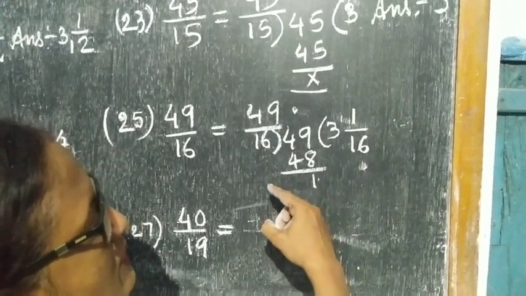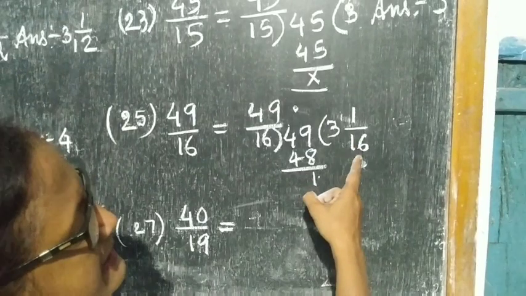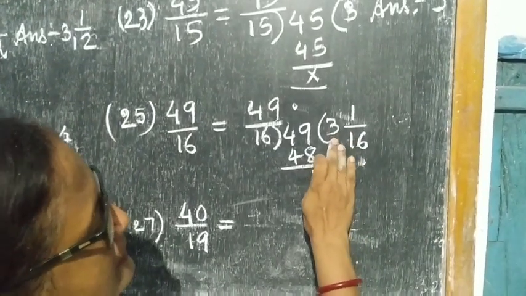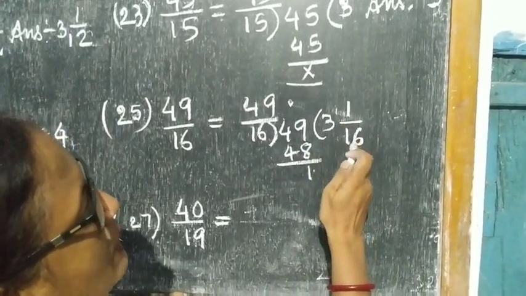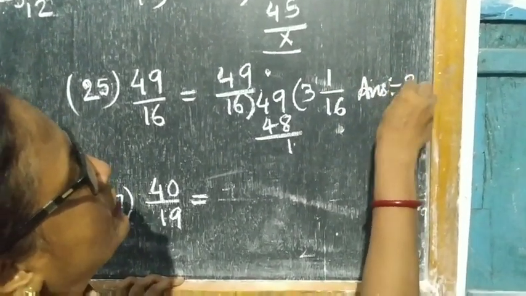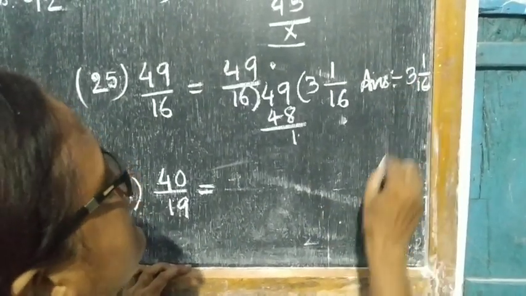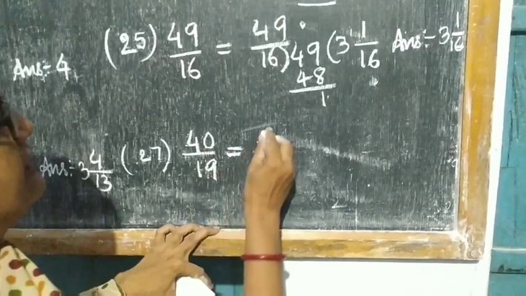Children, you know in the previous class also I told you why it is a mixed fraction, because 3 1 by 16 is a number which consists of a whole number 3 and a fraction 1 by 16. So answer 3 1 by 16.